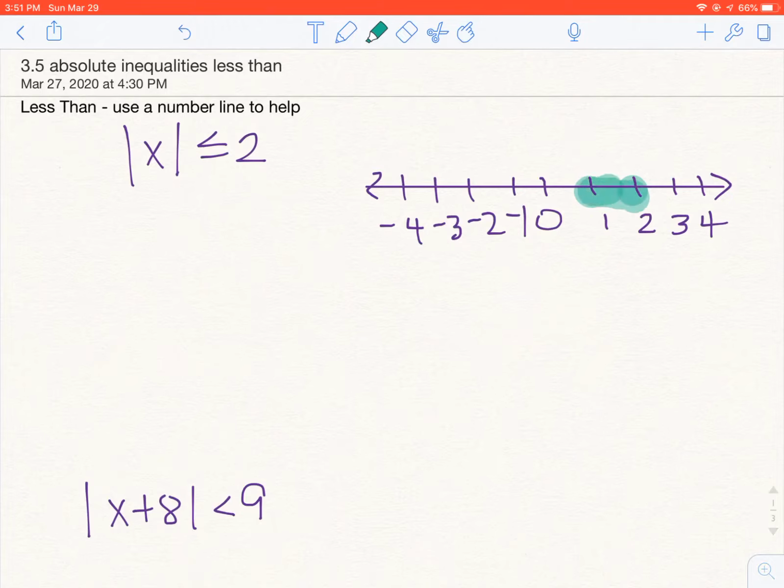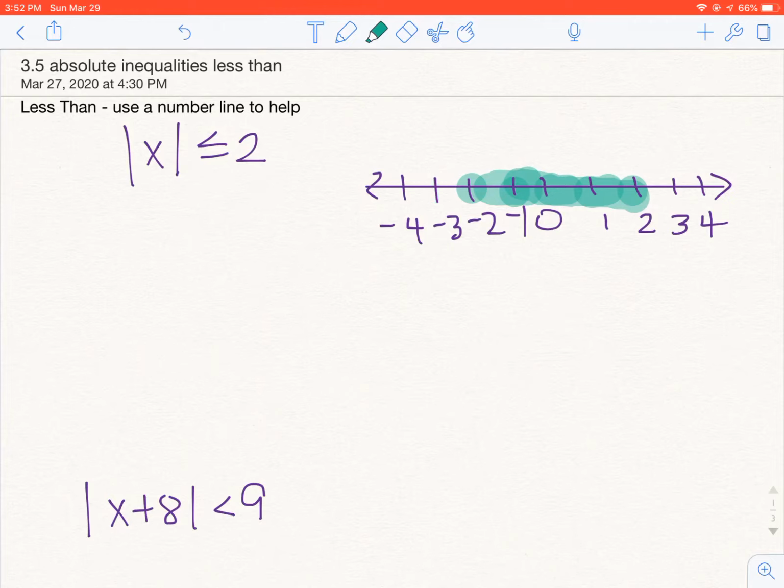Yes. And does 0 work? Yes. How about -1? Yep, -1 works, so anything in between there works. How about -2? Yep, -1.5. Yep. How about -3? Nope, the absolute value of -3 is not less than 2, so I'm going to quit like that.